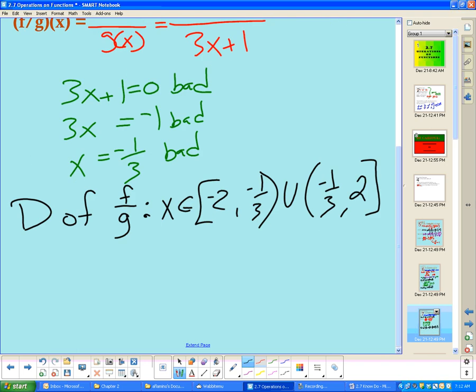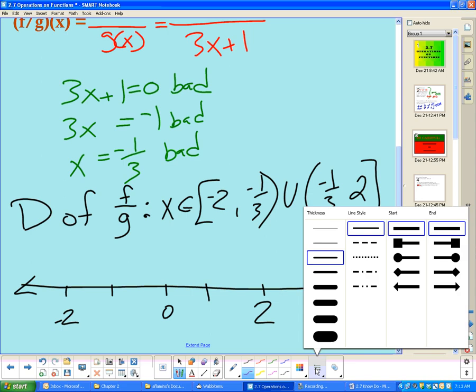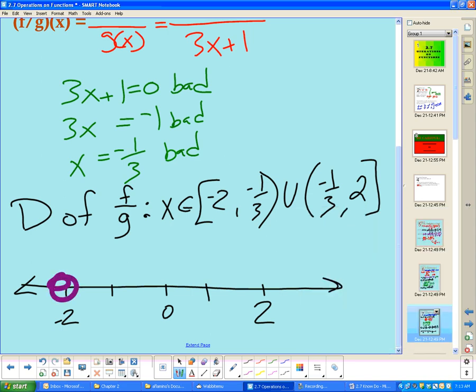If you want a visual there, I simply took the idea that we had for our domain and I threw out that -1/3.